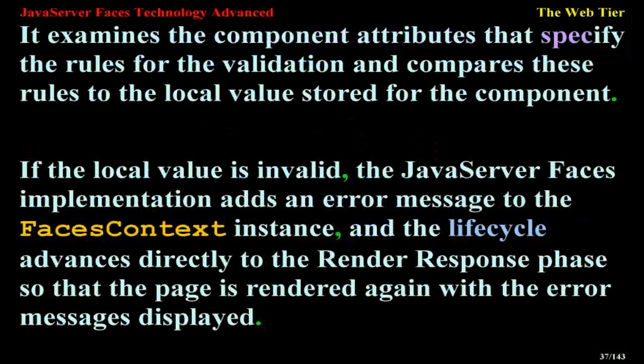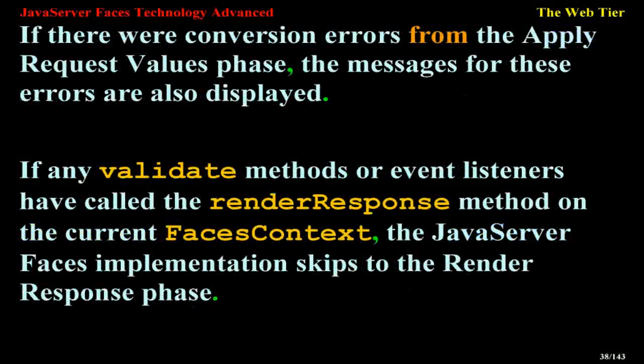If the local value isn't valid, the JavaServer Faces implementation adds an error message to the FacesContext instance, and the lifecycle advances directly to the renderResponse phase so that the page is rendered again with the error messages displayed. If there were conversion errors from the apply request values phase, the messages for these errors are also displayed. If any validate methods or event listeners have called the renderResponse method on the current faces context, the JavaServer Faces implementation skips to the renderResponse phase.